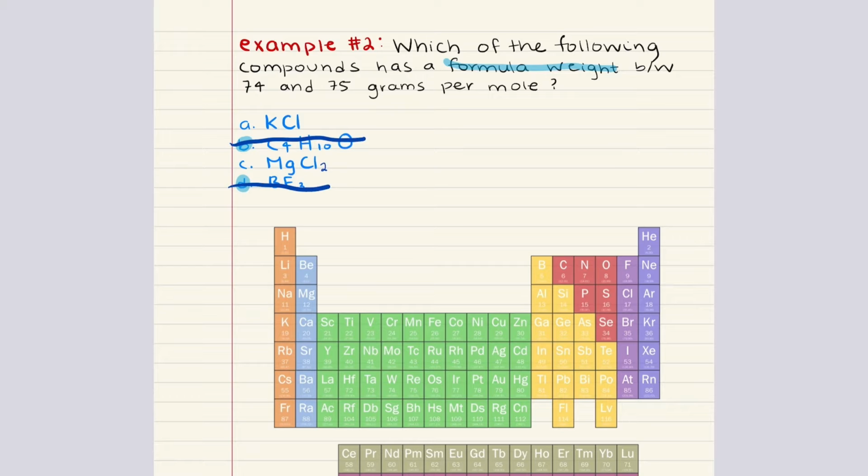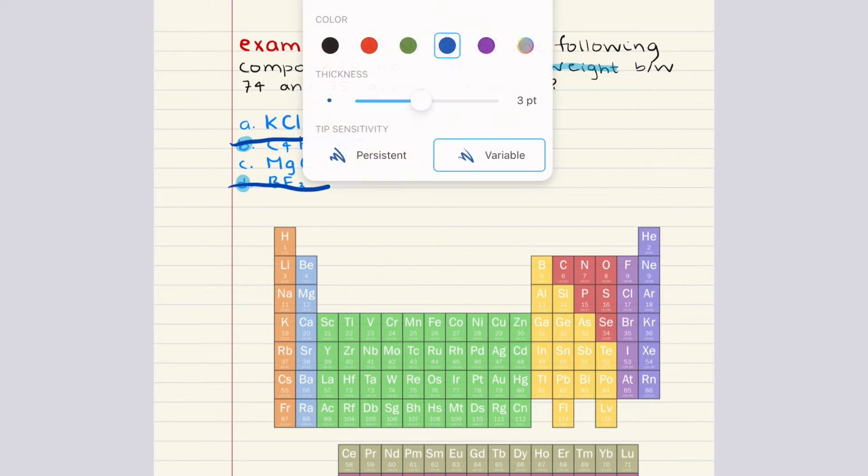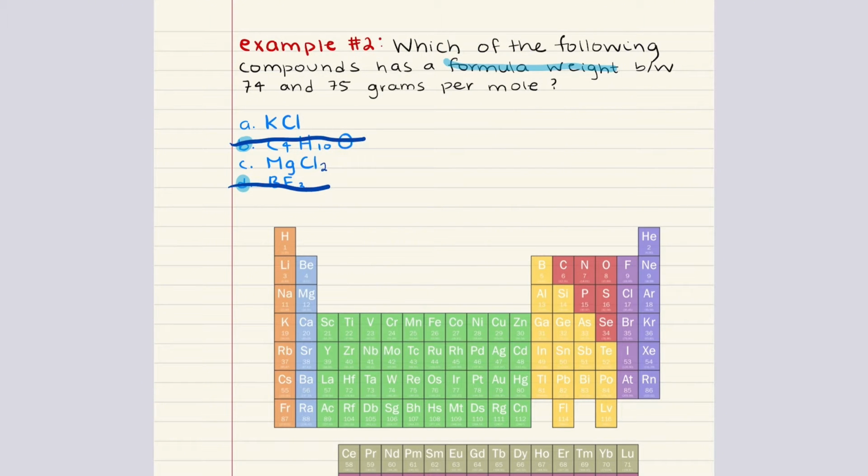All we're left with is answer choice A and C. We have potassium chloride and magnesium chloride. Let's go ahead and figure out the formula weight for each and see which one is closer to that 74-75 grams per mole range. For A, potassium chloride, we're going to sum up the atomic weight for potassium and for chlorine.